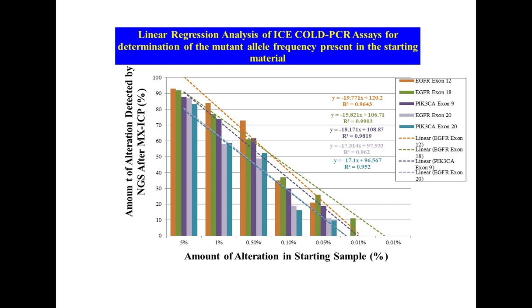So here is a serial dilution for 5 different mutations using ice cold PCR, and what we have plotted here on the x-axis is the amount of alteration in the starting sample, right? So this is what you want to find out.